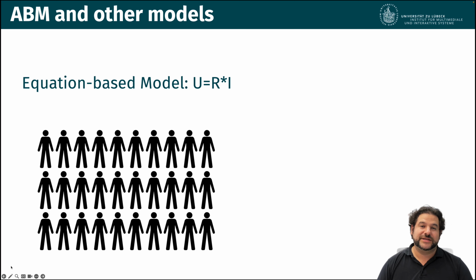It's a very homogeneous group of things that we want to model, so we can collect them in a variable or in a compartment. And we can do this for epidemiological models as well, where we assume that every person is equal, or we have different compartments of similar people. And then we can use equation-based models as well to do predicting of outbreaks, for example.